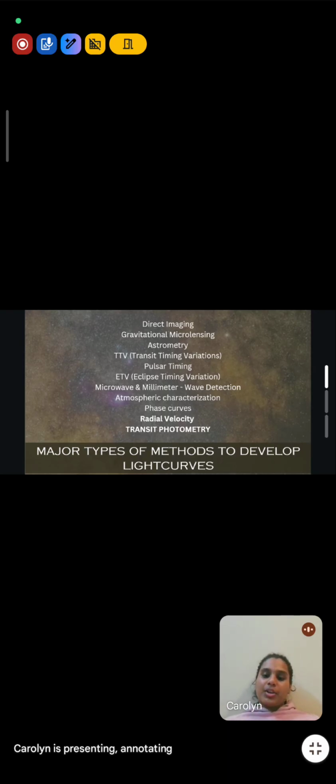So if a planet is orbiting the lensing star, or the host star onto which the lens is pointed, then it can produce some disturbances in the observed light curve. And these disturbances will particularly be useful for discovering planets that are at larger distances from Earth.